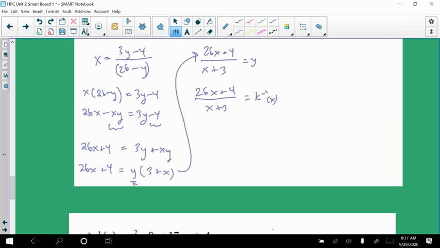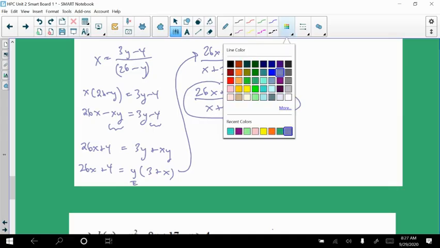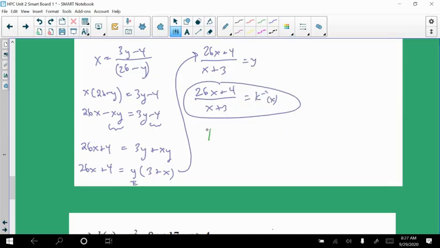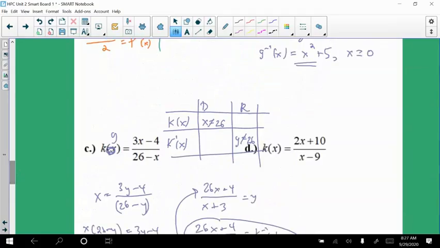Now, with this inverse function, I can see right away what the domain issue is. The domain issue is that x can't be negative 3 because I'd be dividing by 0. So I'm going to come up here, the domain, x can't equal negative 3, which means in the range, I knew of my given function, y couldn't equal negative 3.